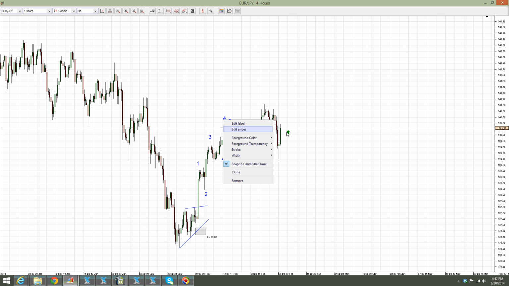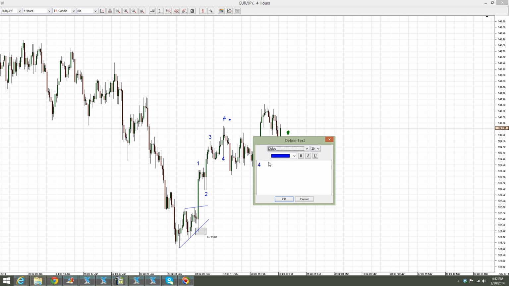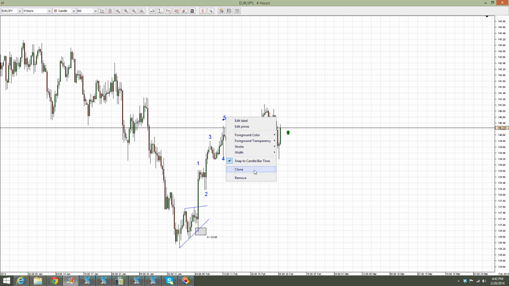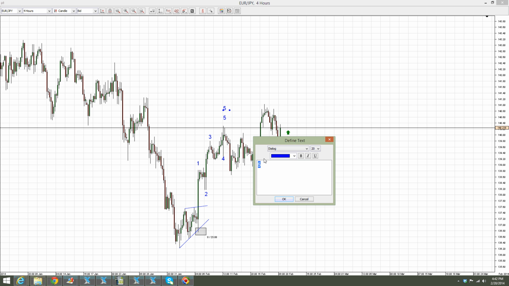And of course, we're looking for the fifth wave, 1, 2, 3, 4, 5. And what is that? Well, this would be most likely, right? Please note the words that we are using when trading with Elliott waves. So most likely, a wave A of a bigger degree.